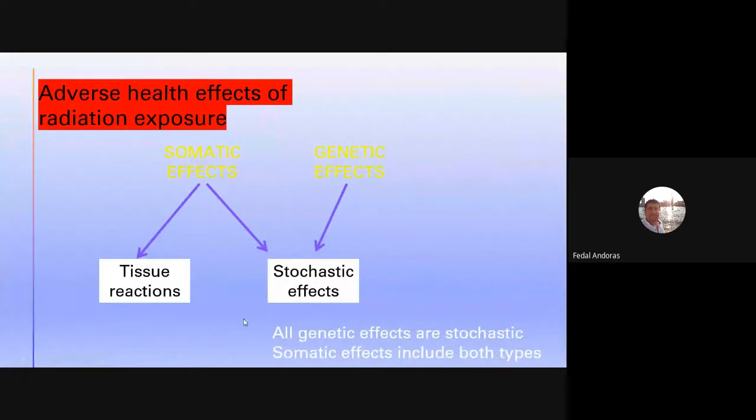And this will be a nice multiple choice question in your exam, maybe. Okay? If I say all genetic effects are stochastic, it's true. If I say all genetic effects are tissue reaction and stochastic, it's false, and vice versa.